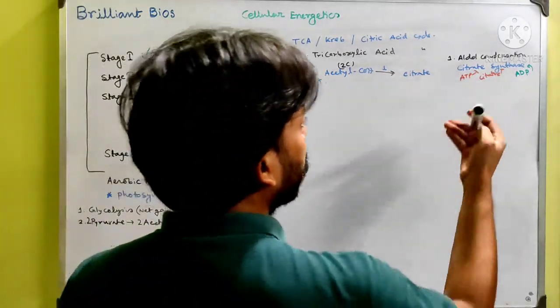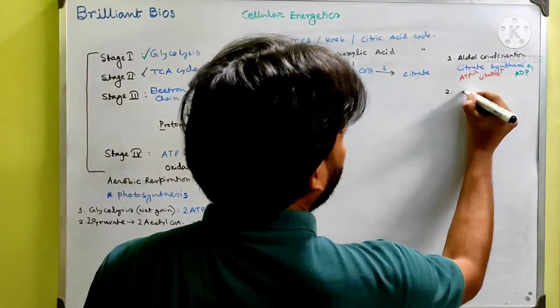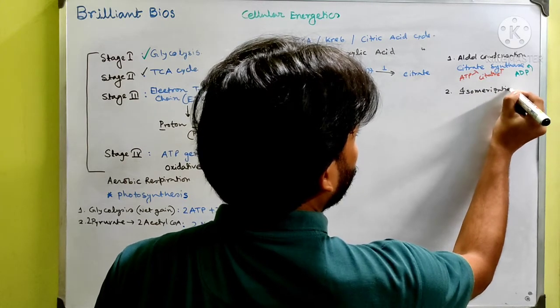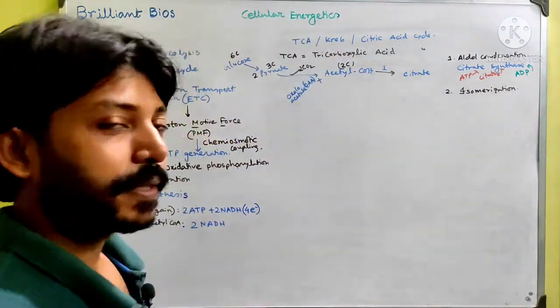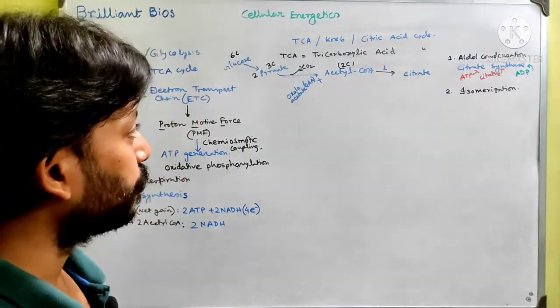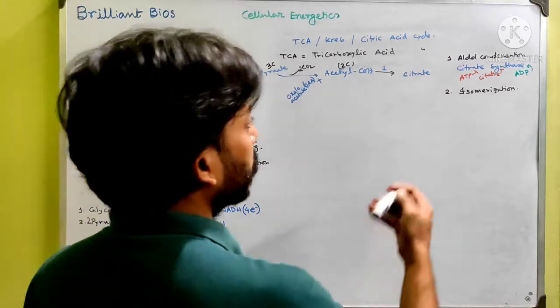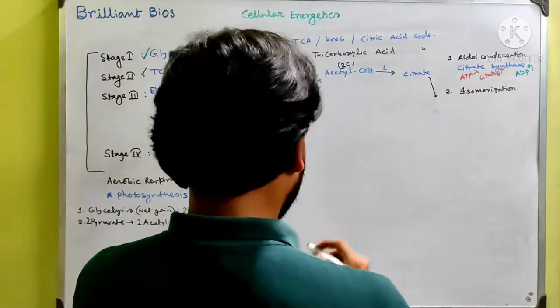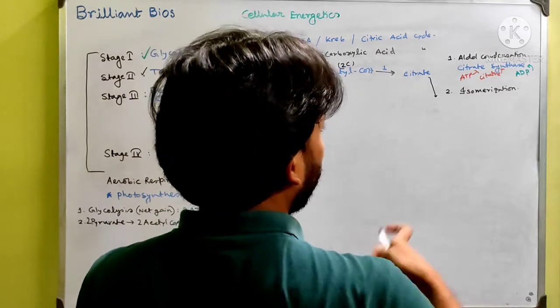you remember that isomerization occurs, so the arrangement of atoms is changed in this way. What happens here? At first the citrate is converted into cis-aconitate.